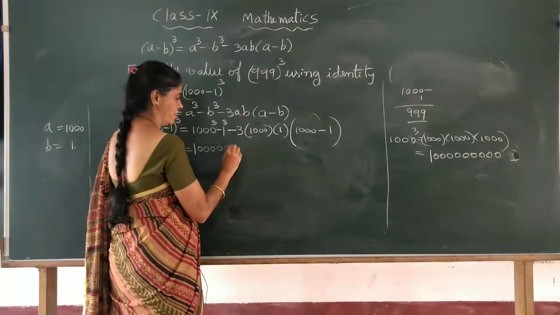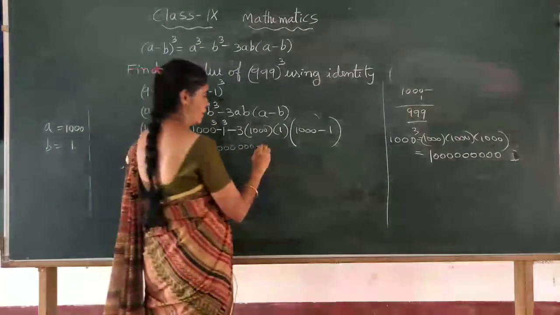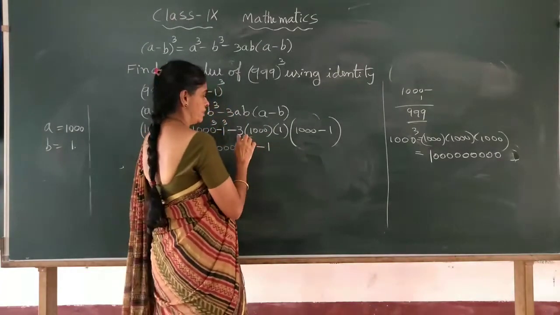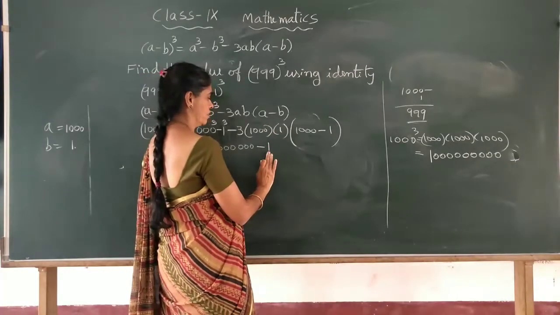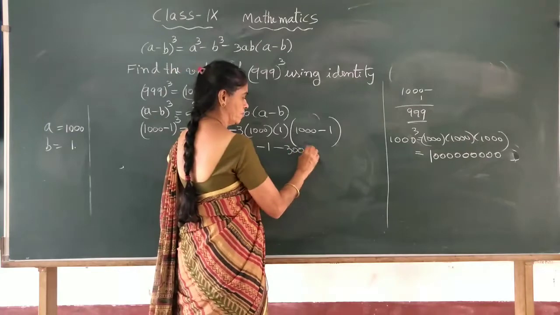Three, 6, 9. This much you will get. Minus 1 cube is 1. 3 into 1, 3 into 1000. How much? 3000.